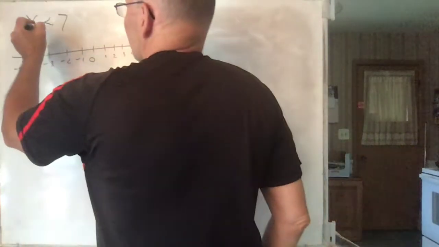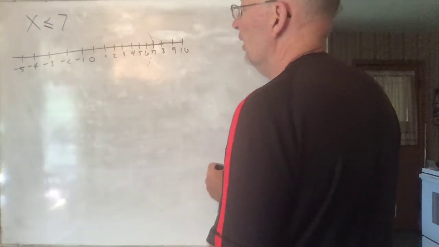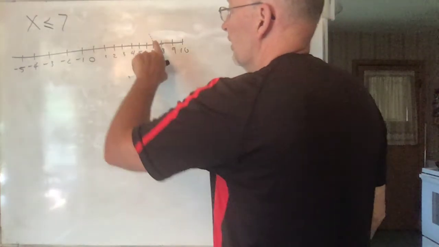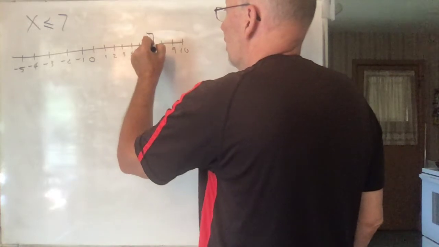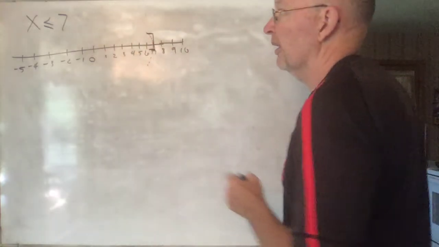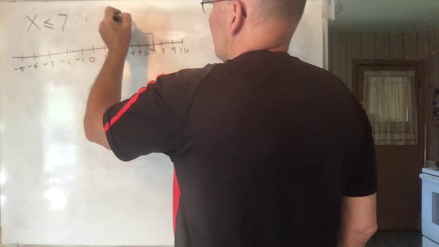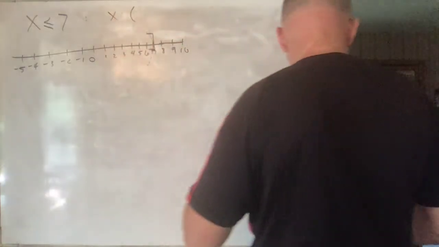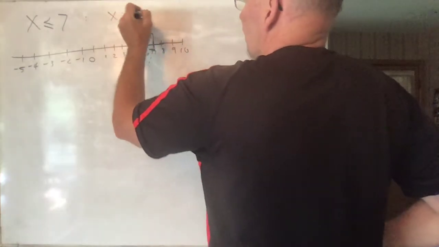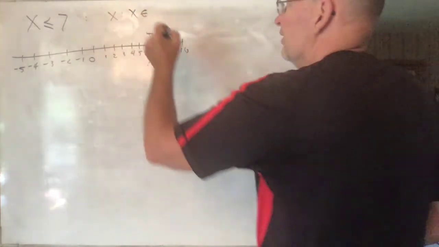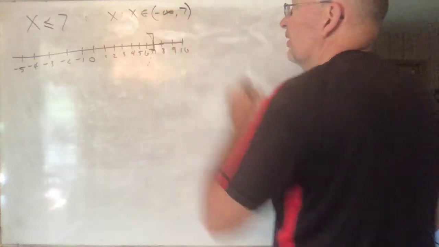If you have this, it means less than or equal to 7. So that means you're not only less than 7, but you include the possibility of 7. So then we put a little mark like this. Another way of writing this is to say x such that x is somewhere, remember the symbol for element of, in the interval from minus infinity to 7.